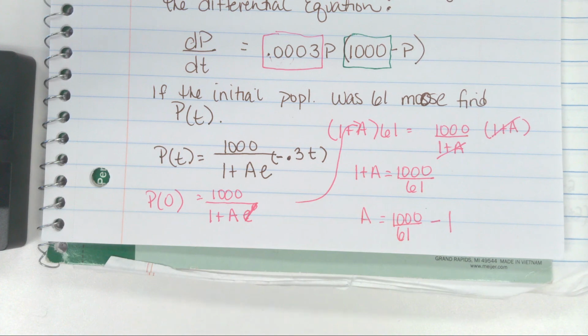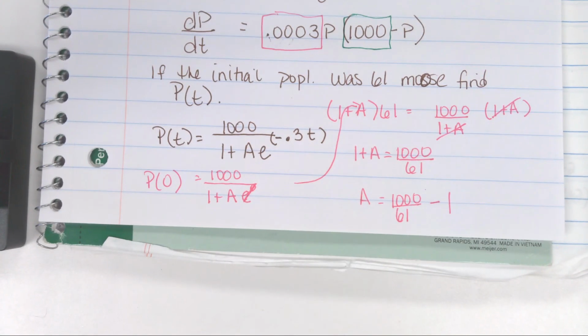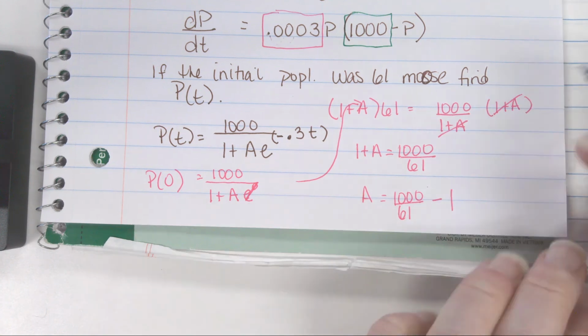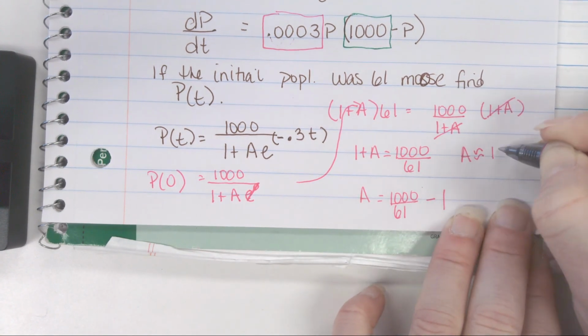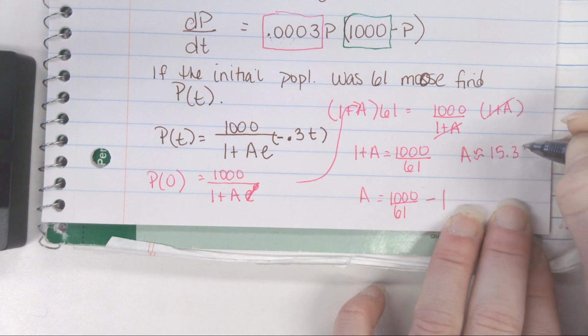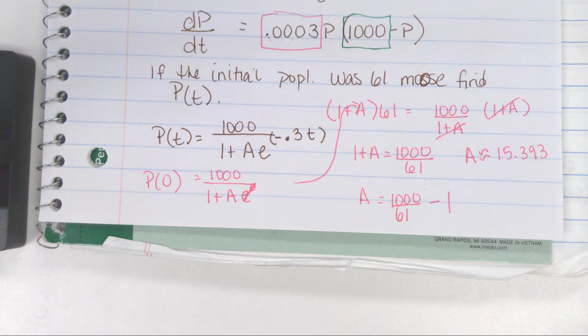All right, what do you get with that? 15.393. Great. I'm so glad that you wrote it as 3 decimals, because that's how we want to round things.